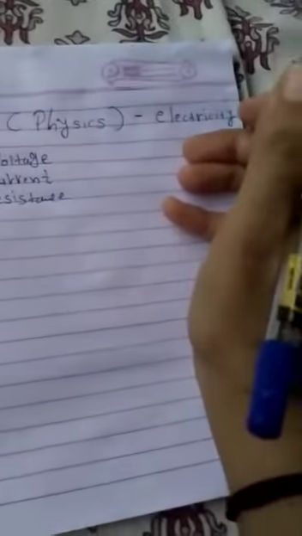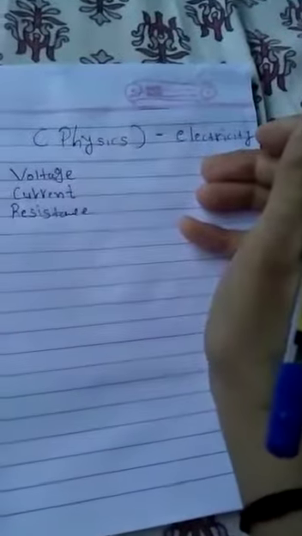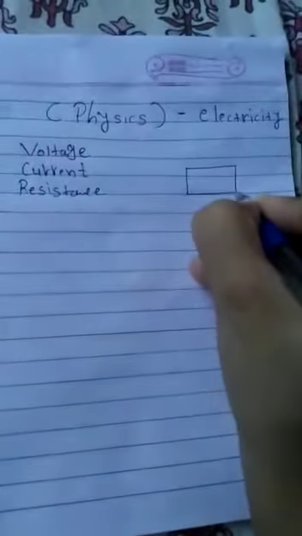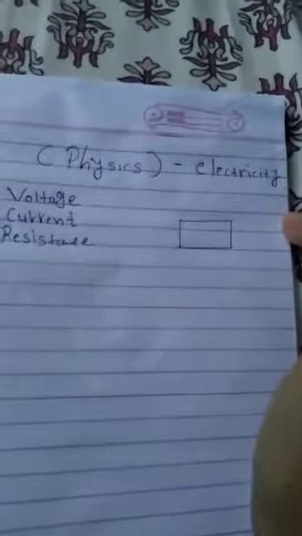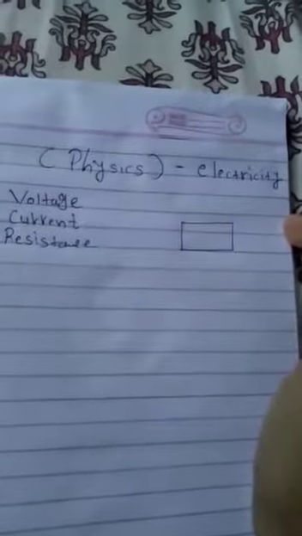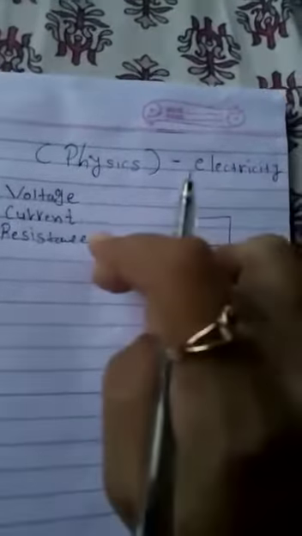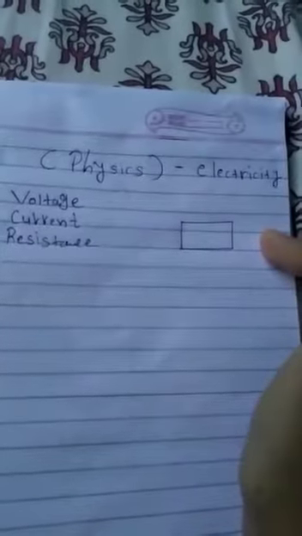Okay, so before we start, let's understand some things practically. This is a conductor. Consider this is one conductor. What is a conductor? Electricity or electric charges pass through it easily.